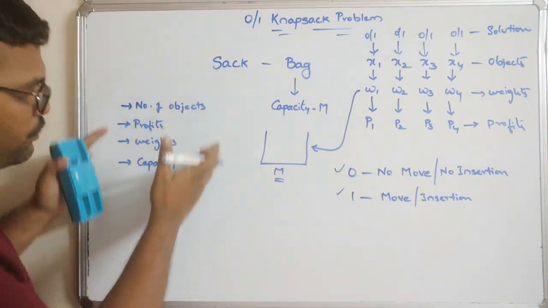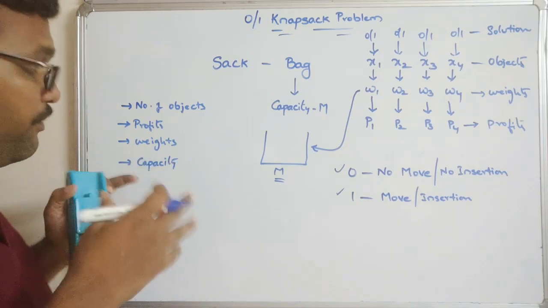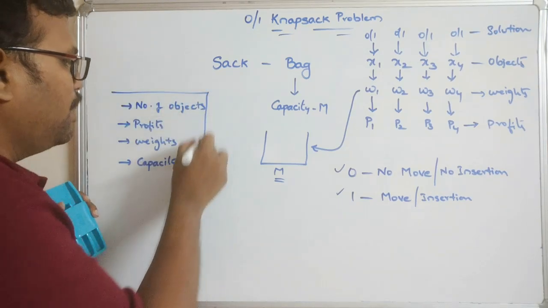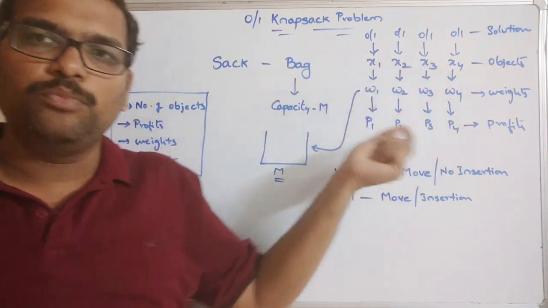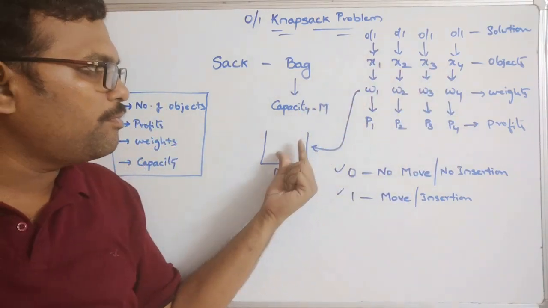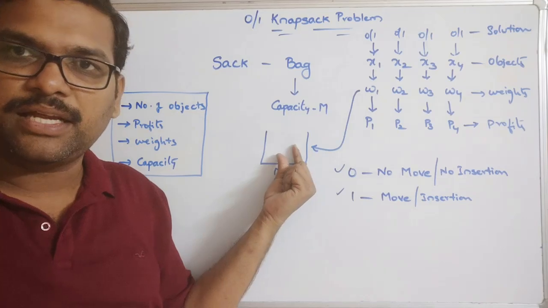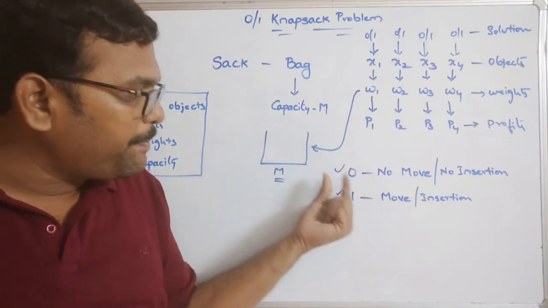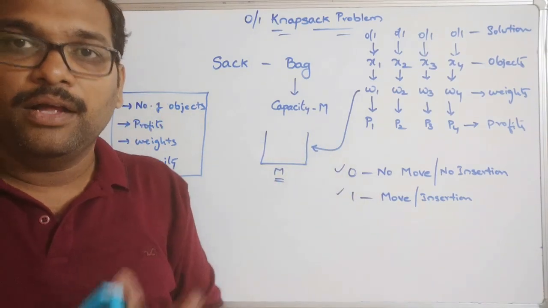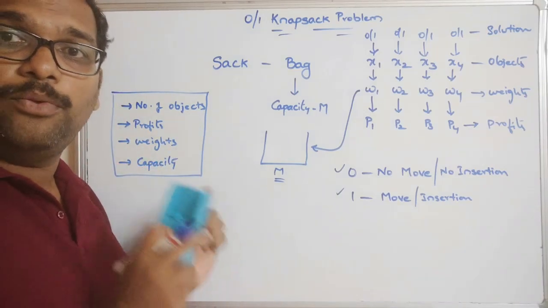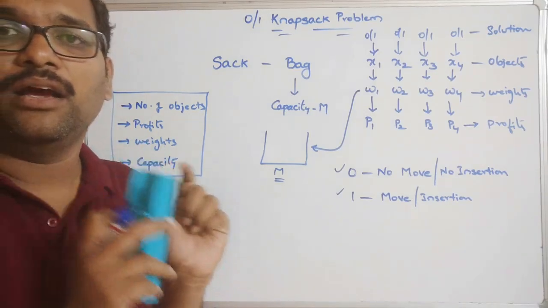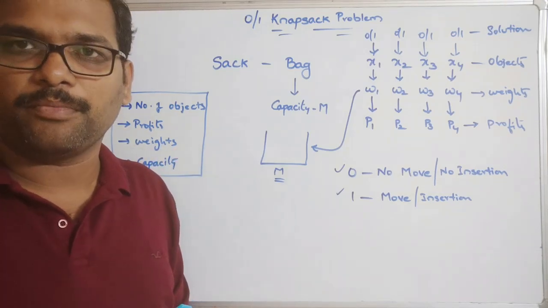So these 4 things we require. If we have these 4 things, we can easily find out which objects should be moved from outside to the inside, by representing them with 0 and 1. So now we'll see an example, so that you will understand exactly how to solve this knapsack problem.